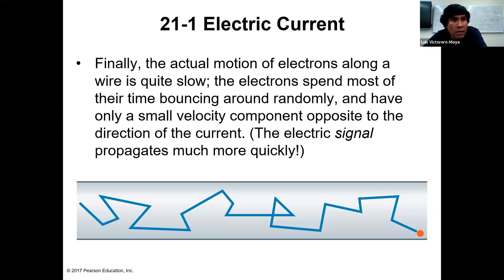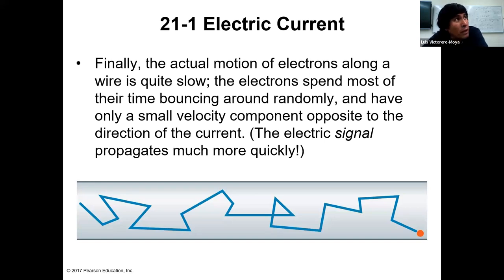And many of the cables that we see in real life are so thin that electrons are going to bounce randomly. So the motion of electrons, because of these collisions, is actually very slow. So electrons can take a very long time.